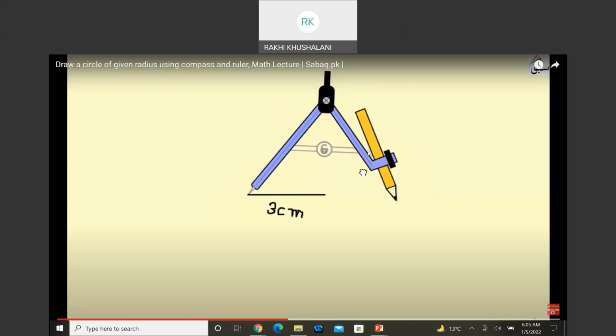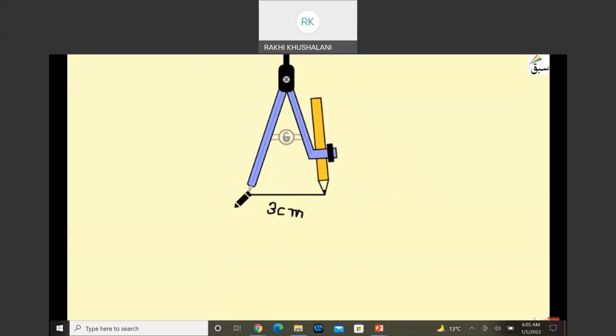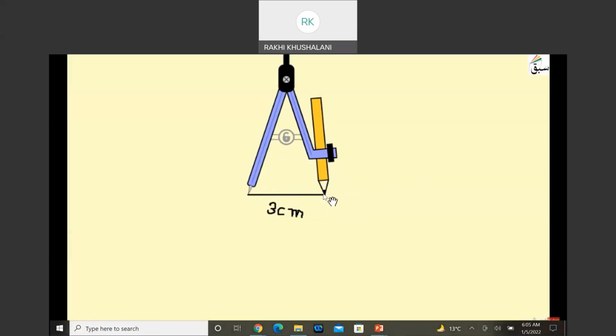Okay, this adjustment is done. And yes, I have placed the first point at the first point of the line segment and the pencil point at the end point of the line segment of 3 centimeter.